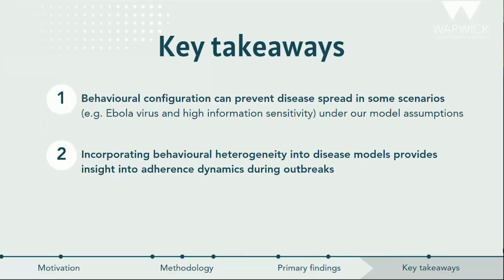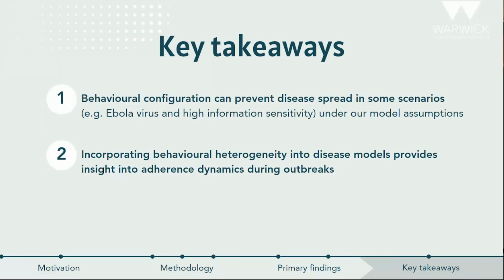To wrap up, what we found was that behavioral configuration alone can prevent disease spread in certain situations. This relates to the behavioral nudging that we might see during outbreaks, and figuring out whether it is even worth it for us to change the underlying behavior of our system.